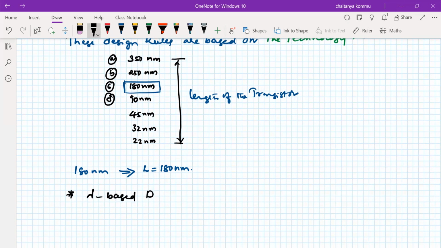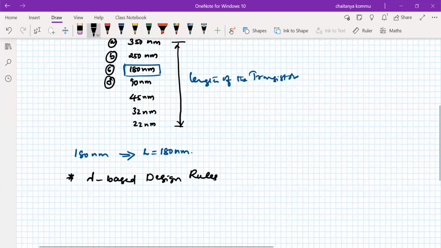Whenever we are constructing the layout circuitry, we have to follow these lambda based design rules, and depending upon what kind of technology you're using, we replace the lambda value with that particular technology.